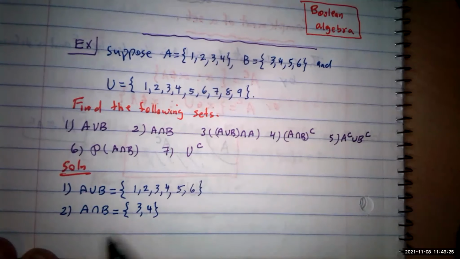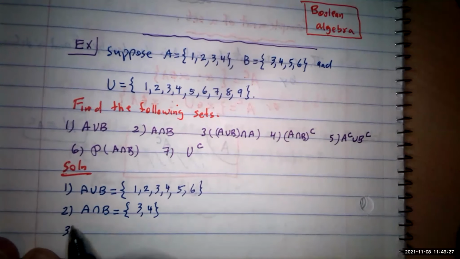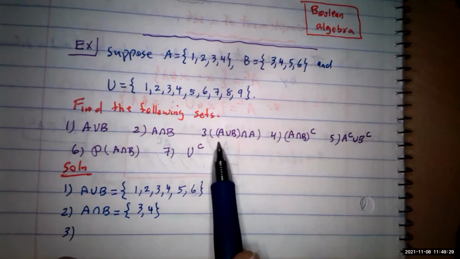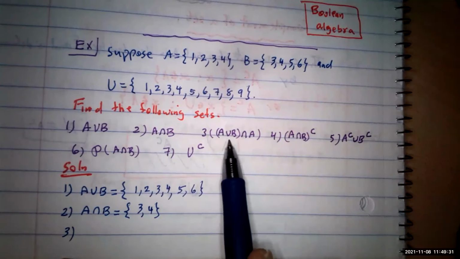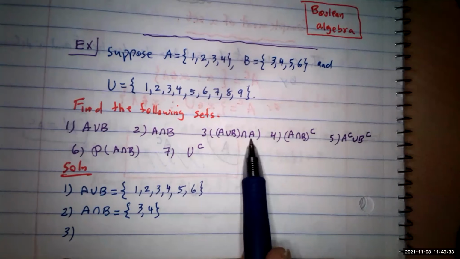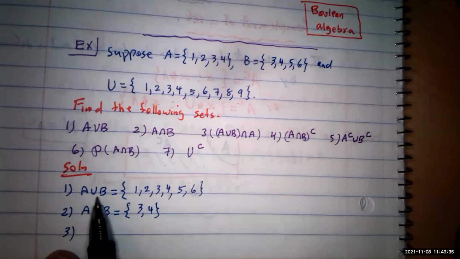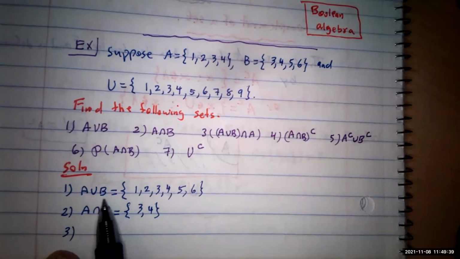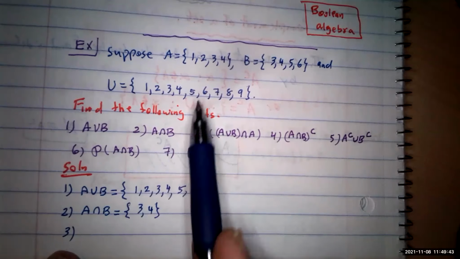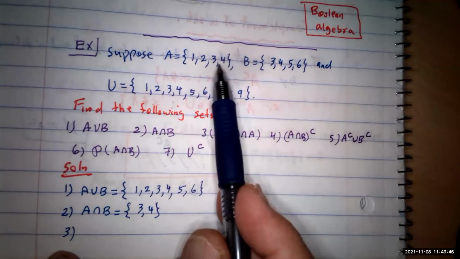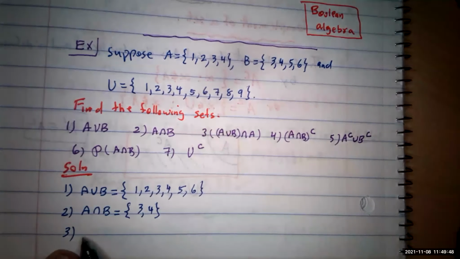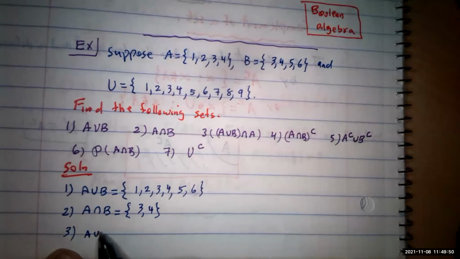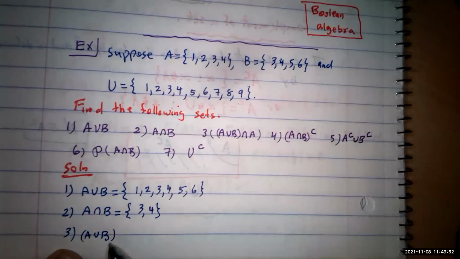Now, let's see what's going to be number 3. You see number 3, A union B intersects with A. This is A union B. You want to find the intersection of A union B with the A. It's a set containing 1, 2, 3, 4.